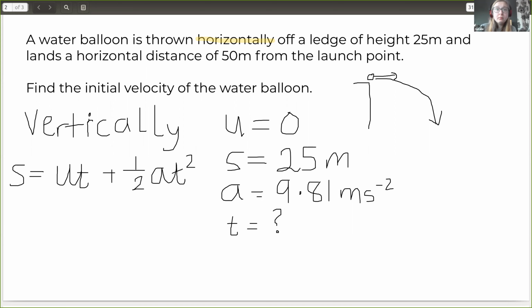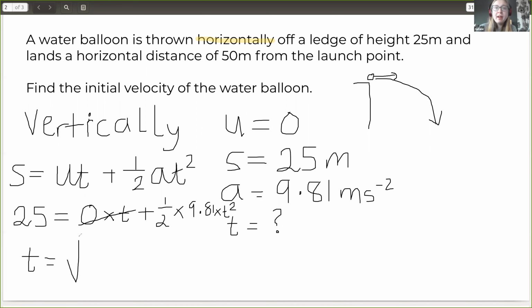Substituting in, that gives us 25 is equal to 0 times t plus a half times 9.81 times t squared. That disappears because 0 times anything is 0, which means that t is equal to the square root of 25 divided by a half times 9.81.